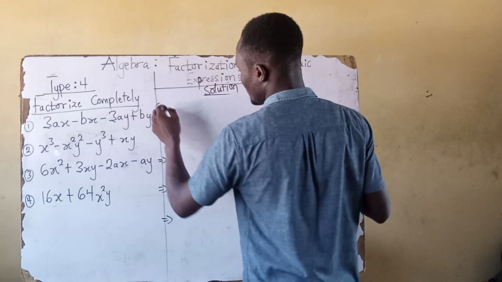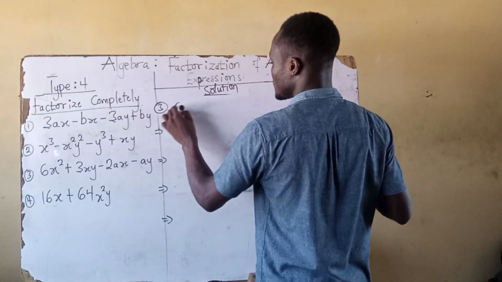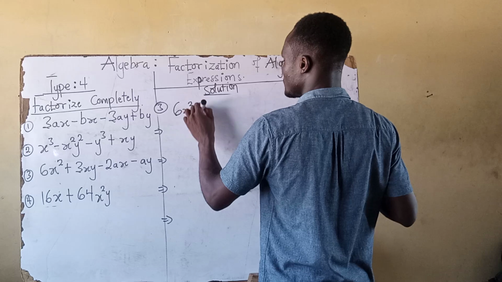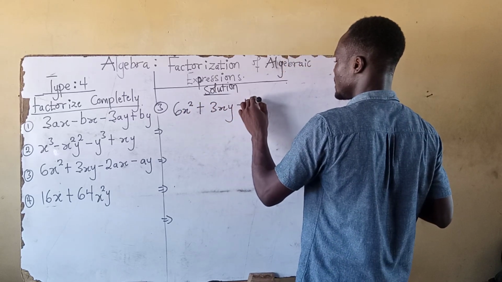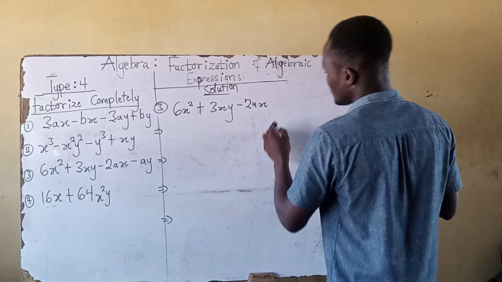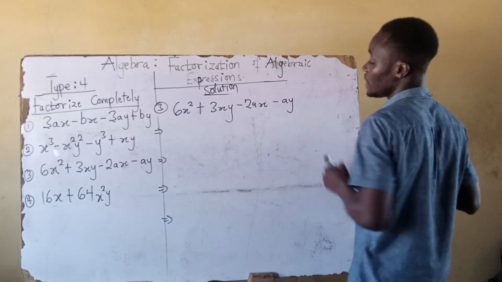So question number 3, I have 6x squared plus 3x minus 2ax minus ay.